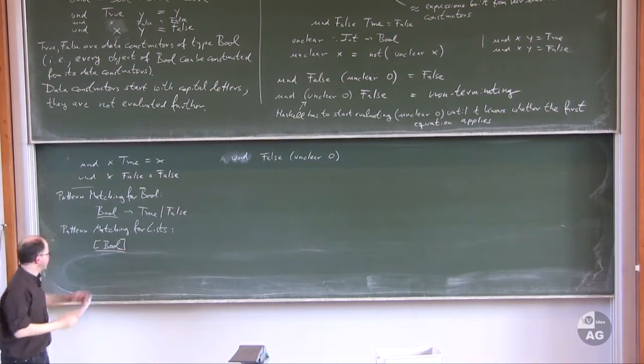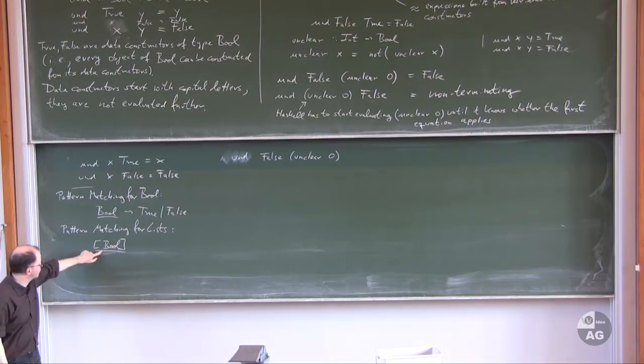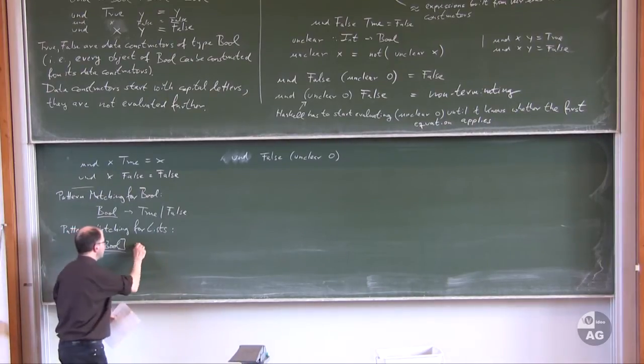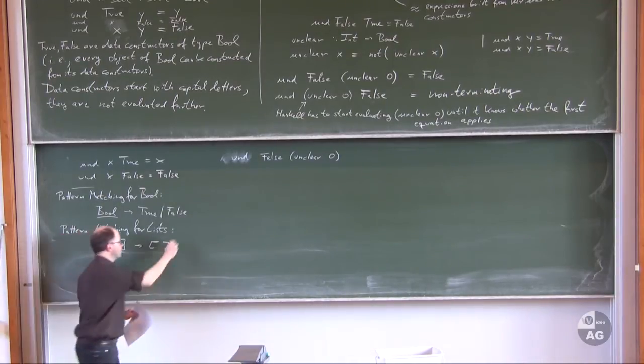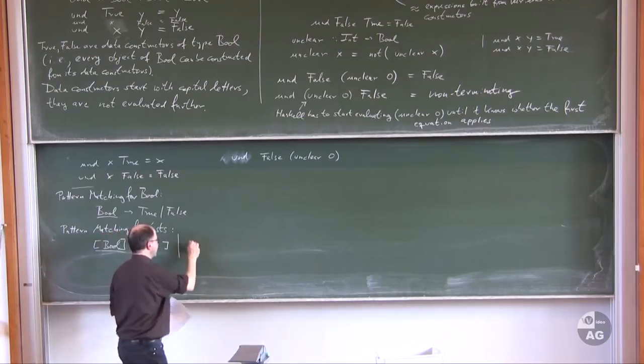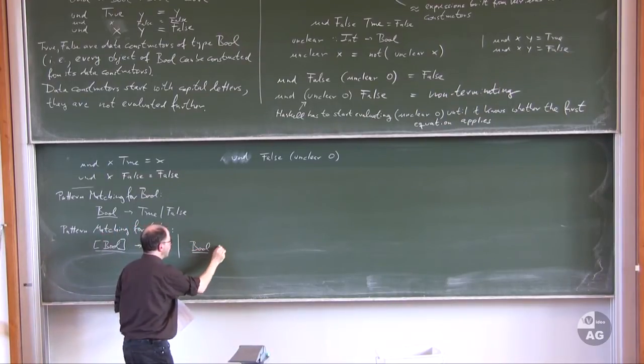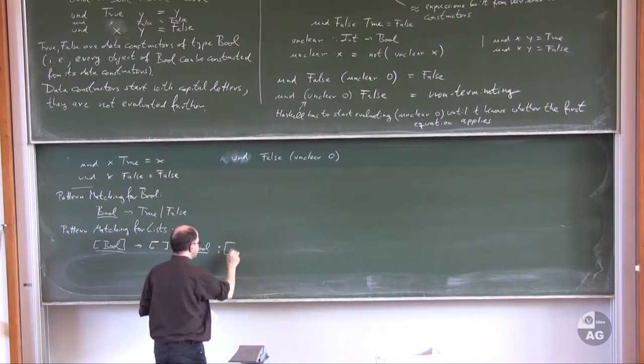So lists of Booleans, this data type. How do the objects of this data type look like? How can I construct lists of Booleans? Well, lists of Booleans are either the empty list, or it's a Boolean value inserted into a Boolean list.